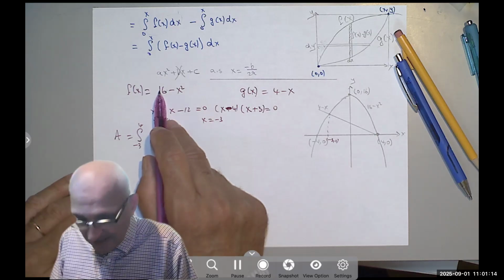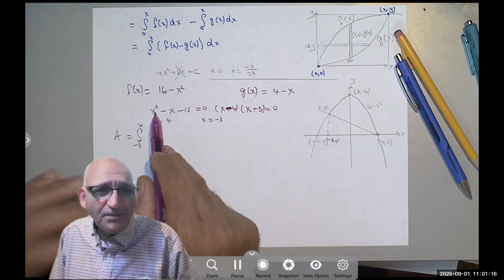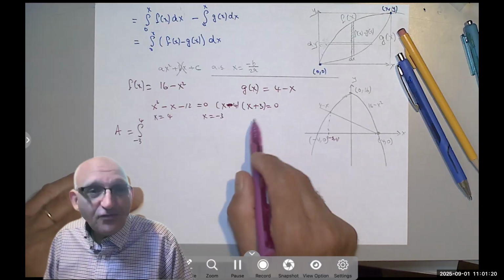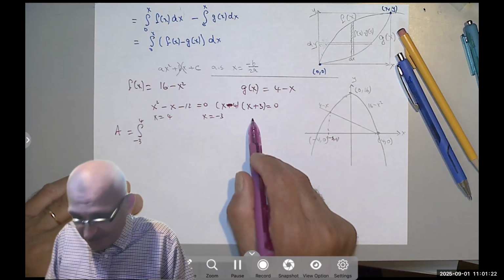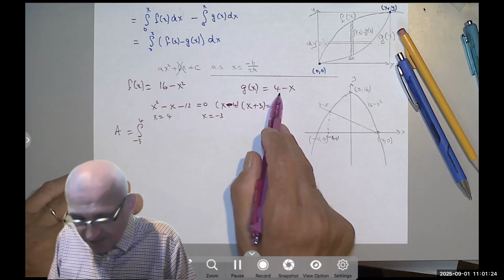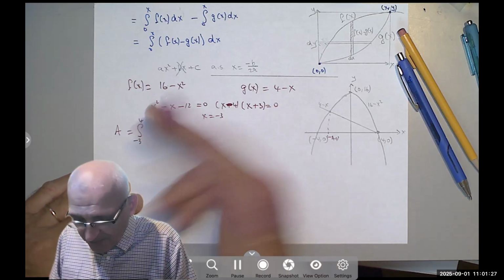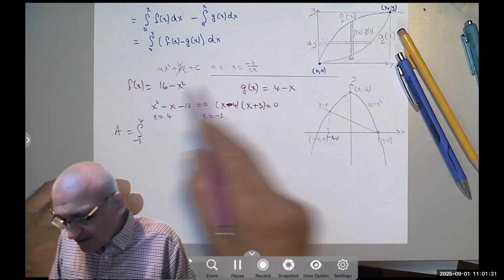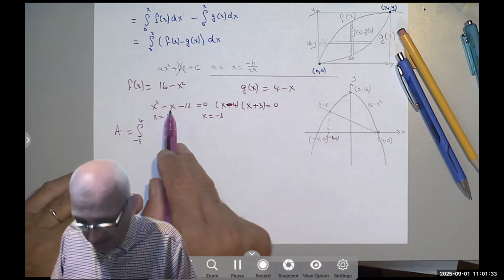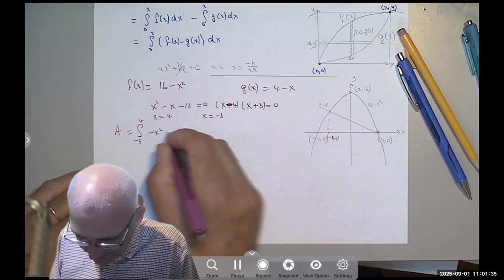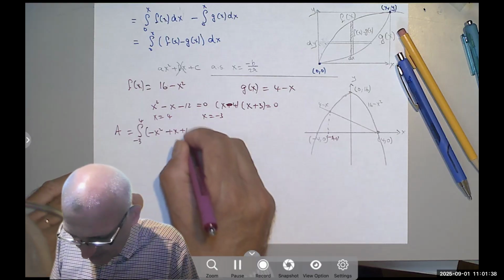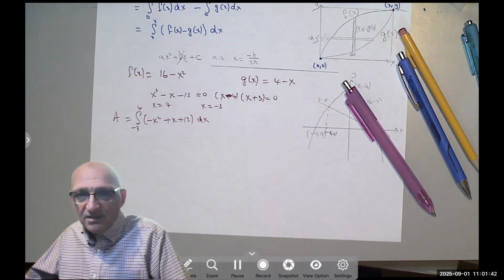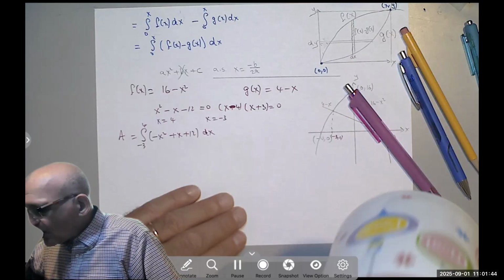Do you see that? I moved it so that I end up with a positive x squared, so it's easier to factor. But by moving that, I said g of x minus f of x. Here, I want to do the opposite. So instead of writing 16 minus x squared minus 4, you already have it here. It's negative x squared plus x plus 12 dx. Again, it doesn't harm to subtract them, but you already have that.